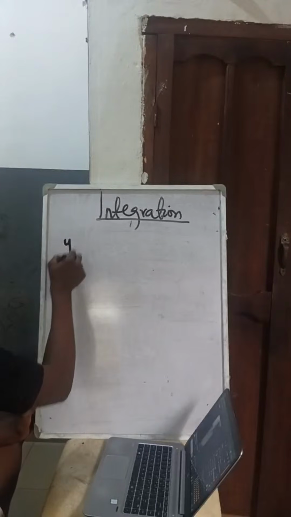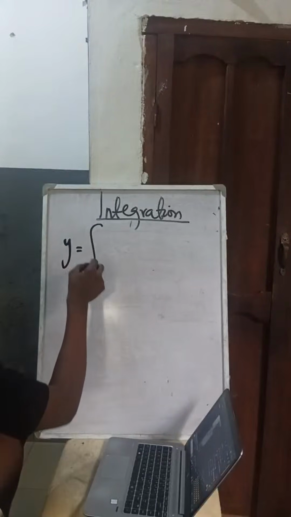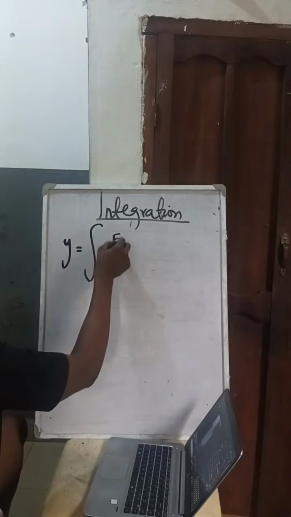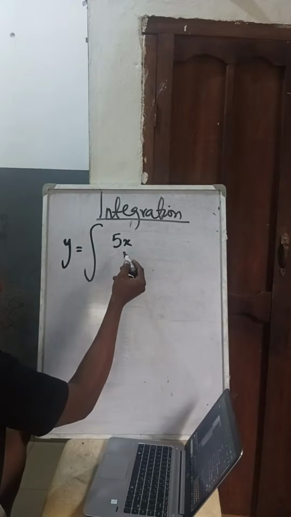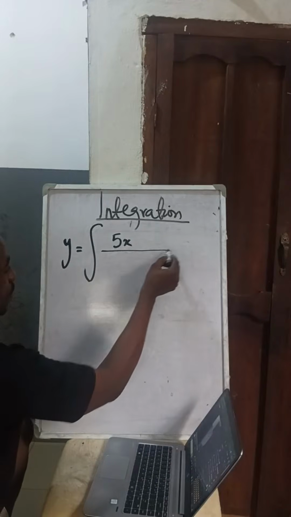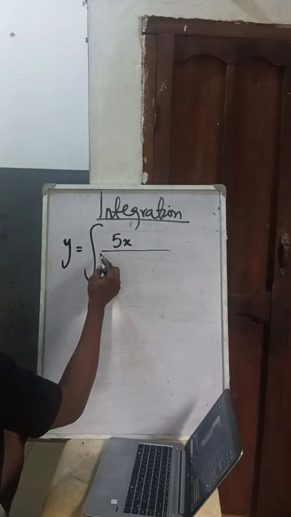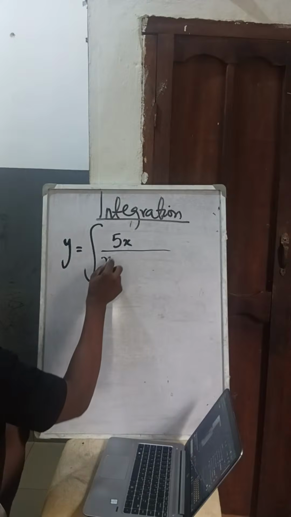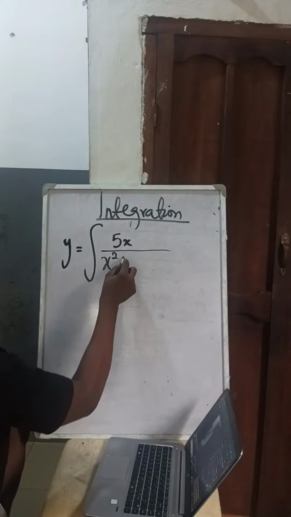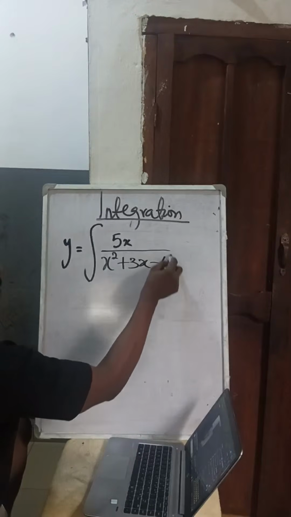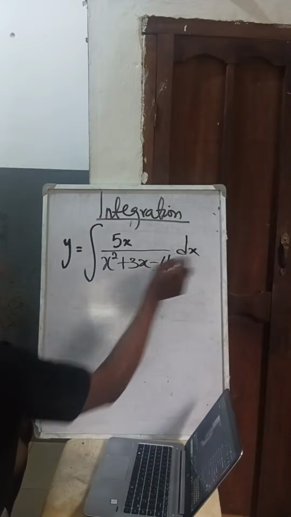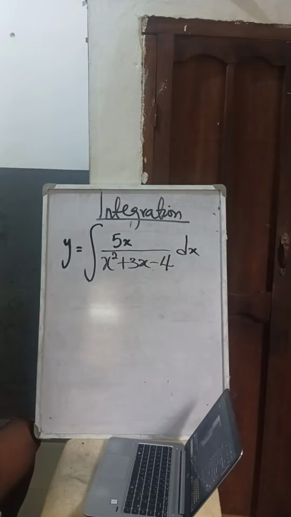Okay, let's integrate 5x all over x squared plus 3x minus 4. Okay, let's integrate.